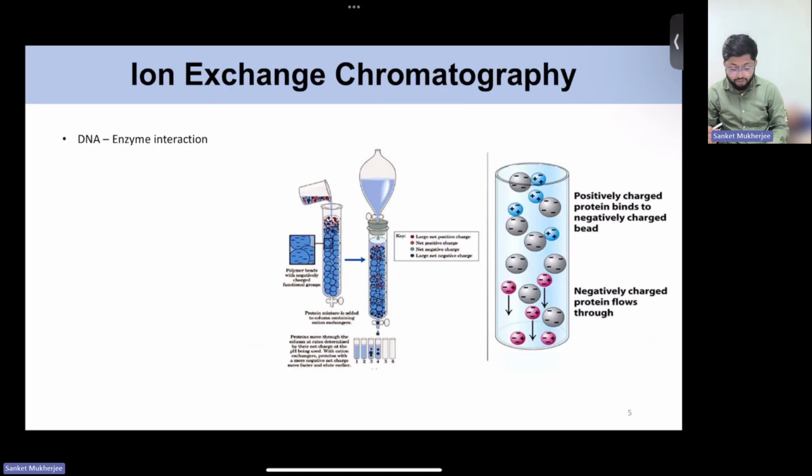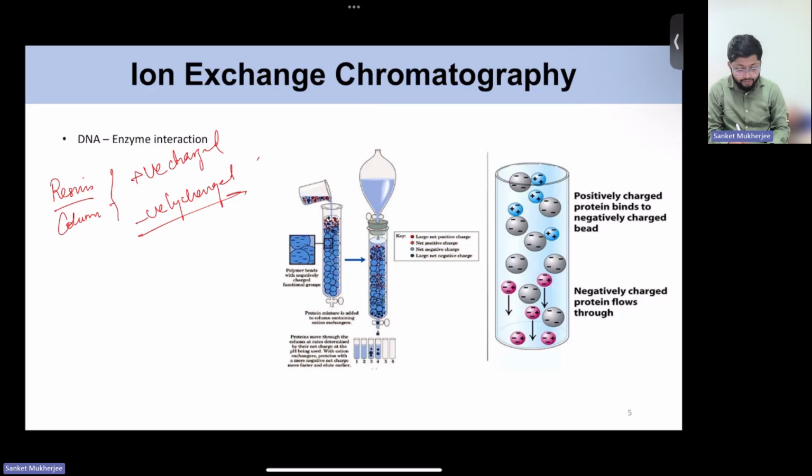For ion exchange chromatography, the column is either positively charged or negatively charged.